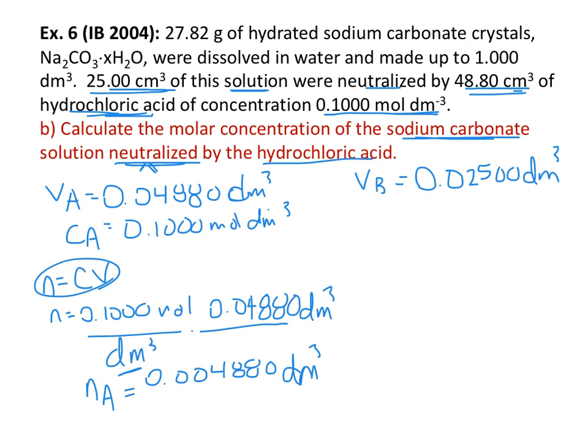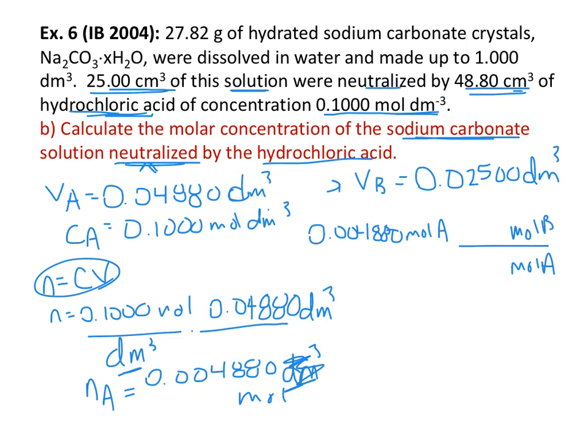Then the next thing that I need to do in order to be able to move over to the base side is to convert acid to base. So that's a mole ratio. I'm going to take my 0.004880 moles. That wasn't decimeters, the decimeters canceled. That's moles of the acid. So I'm going to put mole of acid on the bottom, mole of base on the top.